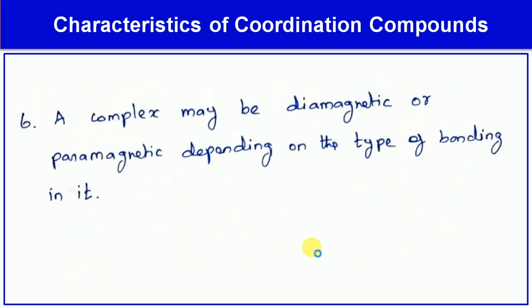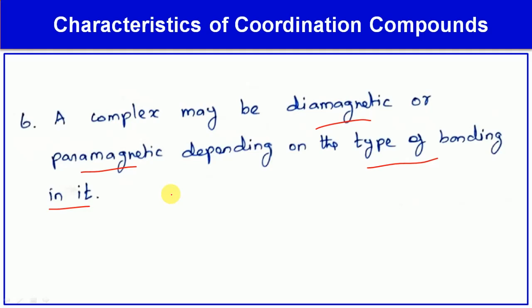Next, sixth point: a complex may be diamagnetic or paramagnetic depending on the type of bonding in it. Diamagnetic contains no unpaired electrons.